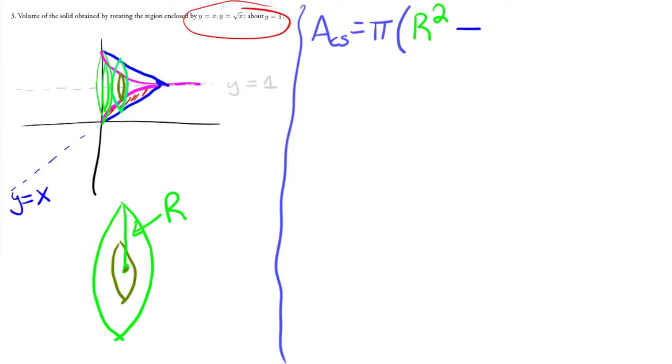So the distance from here to, I'm just going to draw it to there, that's going to be little r. Okay, so that's my strategy. So I need to find what those guys are.